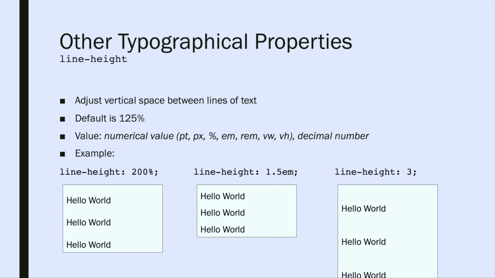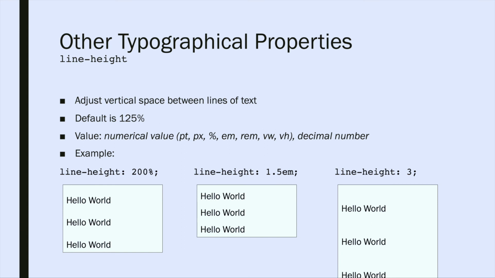Other typographical properties allow for line height. This allows for the adjustment of vertical space between lines of text. The default is about 125%. You can include numerical values such as points, pixels, percent, EM, REM, VW, VH, and even a decimal number.